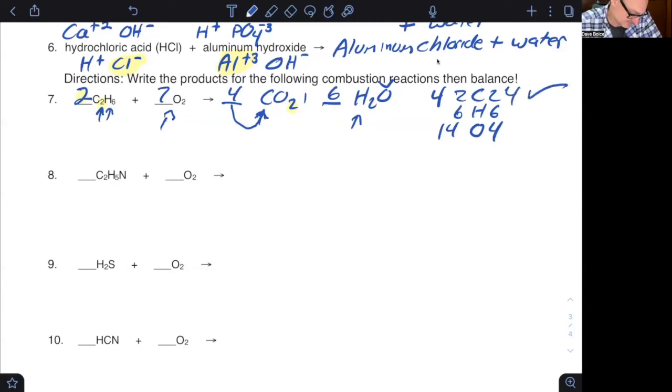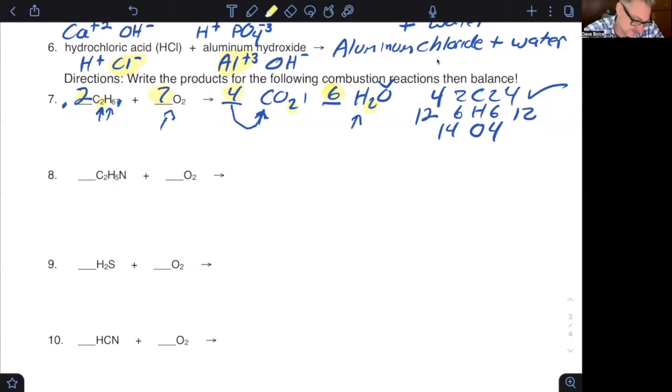Hydrogen, 6 times 2 is 12. So I have the 6 here, 2 here, 6 times 2, 12. And hydrogen here, I have 6 hydrogens times 2. So there's 12. And then finally the oxygen, we just balanced at 14. So we're good to go. So that means my coefficients are 2, 7, 4, and 6.